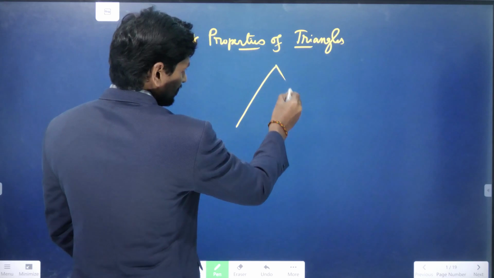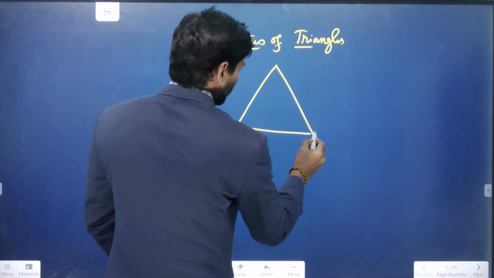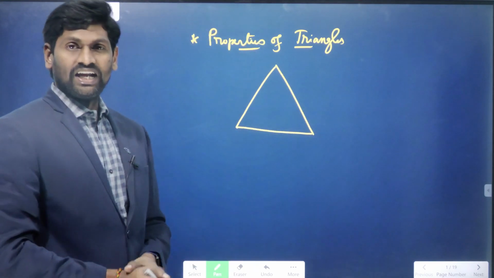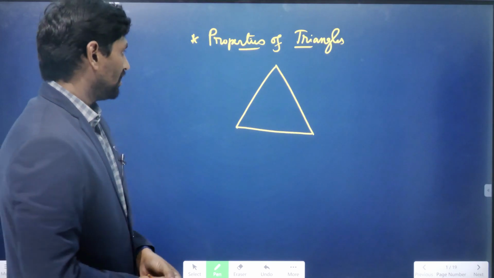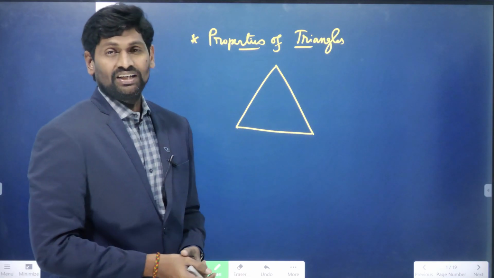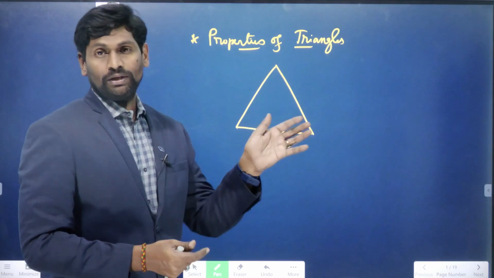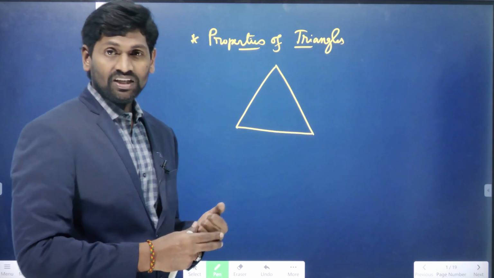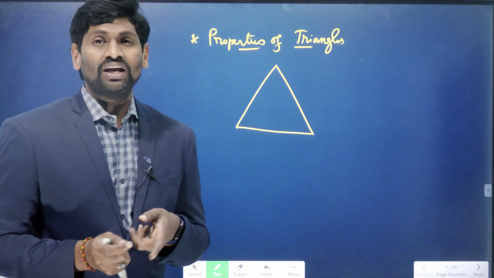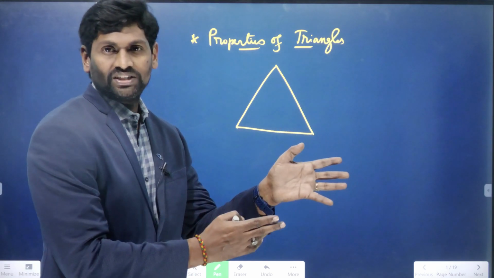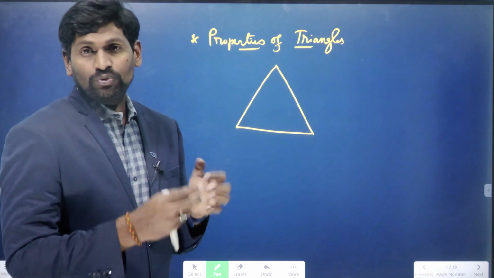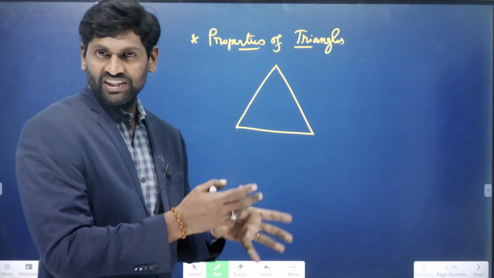discuss the circumcircle. For example, if you take a triangle like this, for this triangle I am constructing the perpendicular bisectors. Bisecting means dividing into two equal parts, and perpendicular means making an angle of 90 degrees.